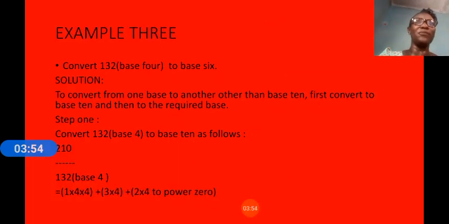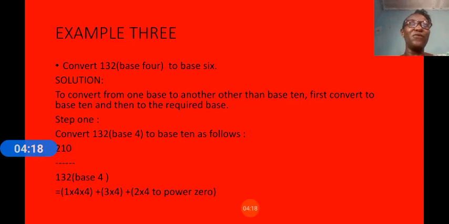Let's take example 3. Convert 132 base 4 to base 6. Solution. To convert from one base to another, you must first convert to base 10 like I told you earlier. Then you convert to the required base. So step 1, you have converting 132 in base 4 to base 10 first.